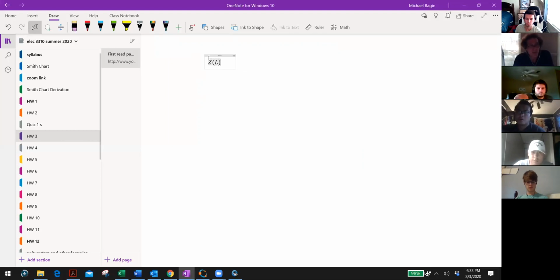That would be the length of the line, would be equal to first Z naught times Z sub L, plus, and we're assuming it's lossless, j times Z naught again, times the tangent of beta times L, the length of the transmission line.